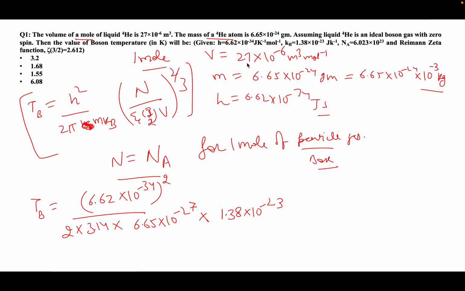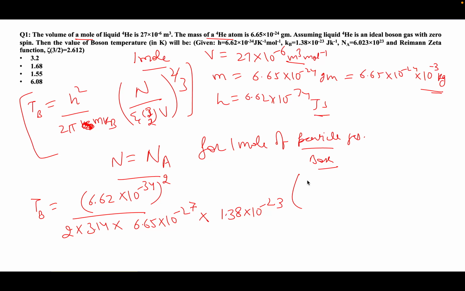So I have changed all the units into the same units to balance this. This is in meter, this is in kg, this is in joule. So these are all balanced, so I am not writing the units here because these are already balanced.